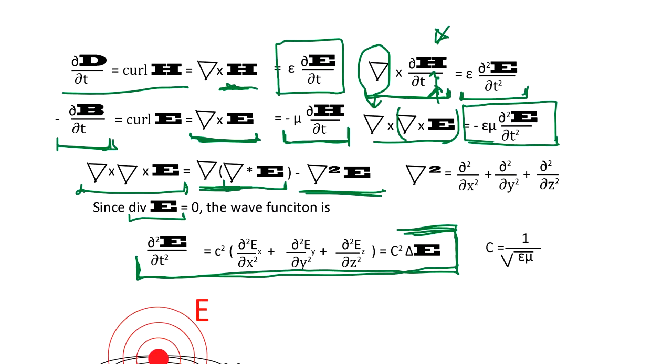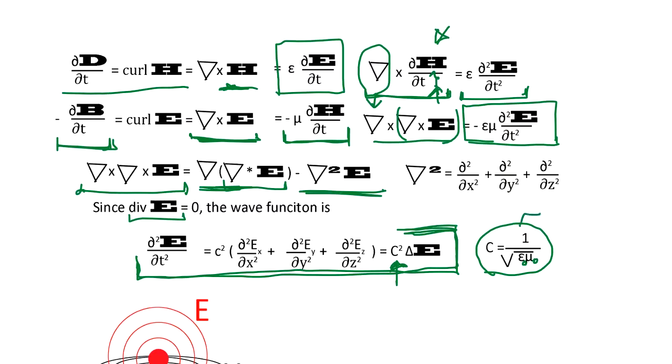We solve this differential equation, we know what the vector E looks like, and here's a constant, c squared. The c is defined by this, and when it's a vacuum, it's going to be zero here.